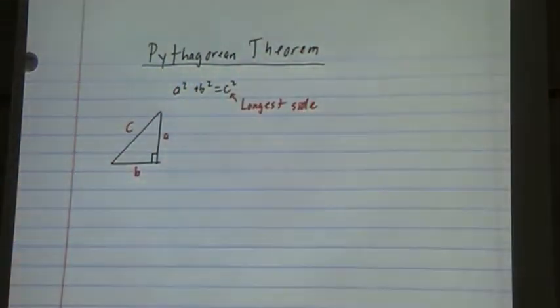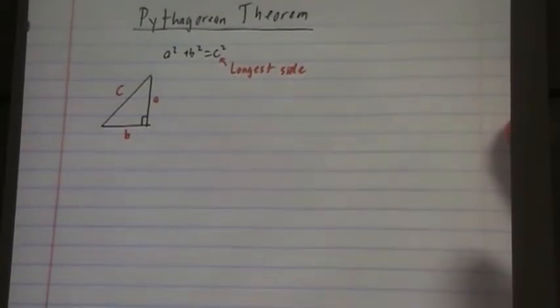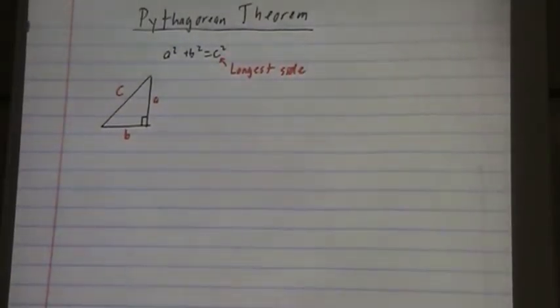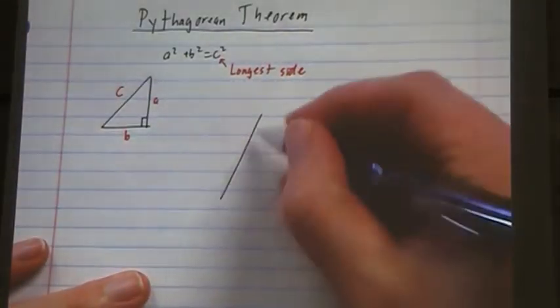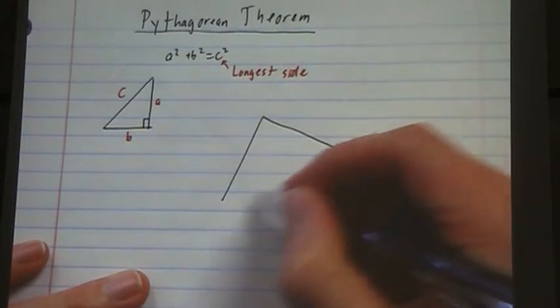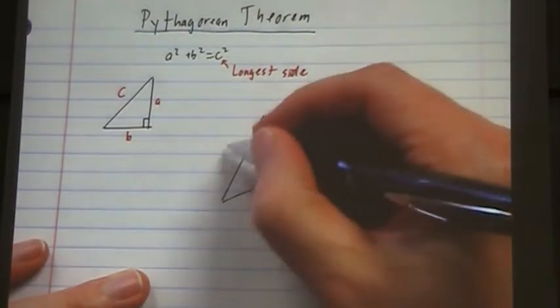C would be the side across from the 90, okay? And I do want to show you guys one special case. If we have something like this, because you are going to see some problems with square roots in them, I just want you to know how to do those.